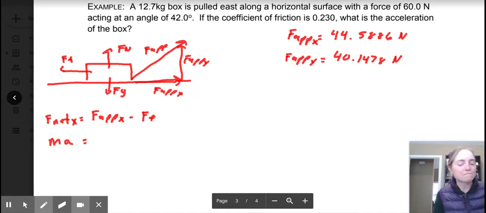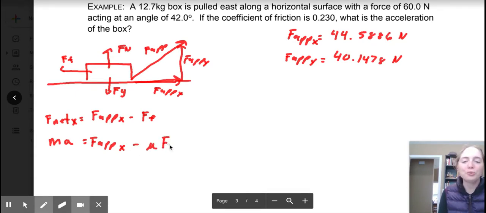So we have our force applied X, which we have already calculated. And we're going to be subtracting from this our mu Fn, which is our equation for calculating the force of friction. So we now have mu, we have mass, we have force applied X, but we don't have Fn.